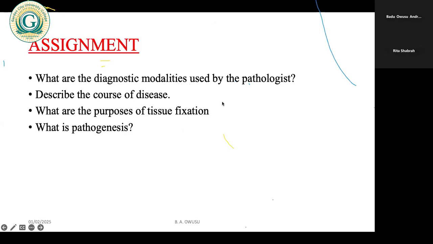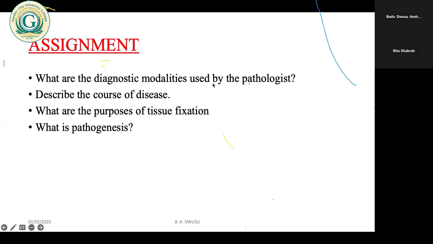So let me see. Badu Owusu Andrews, you can unmute and talk quickly. My time is even up, so we have to, I'll be you. Okay, so I wanted to ask a question. When you were speaking, you made mention that with biological death, it's only the pathologist who confirms that a patient is biologically dead, and the doctor also confirms the patient being clinically dead.